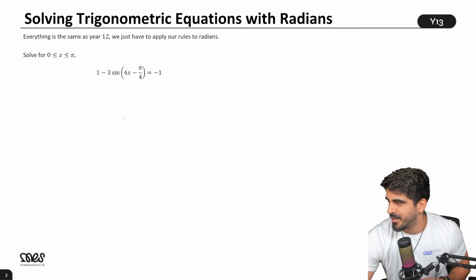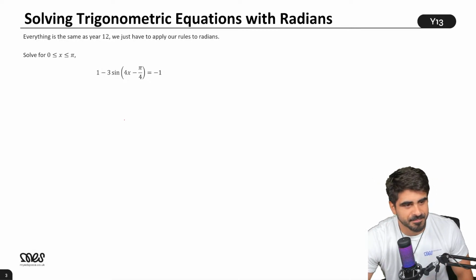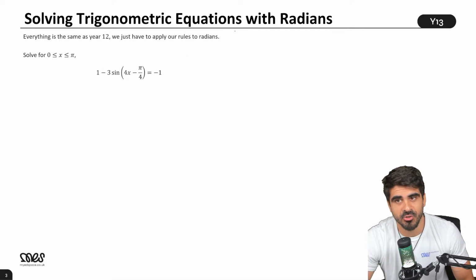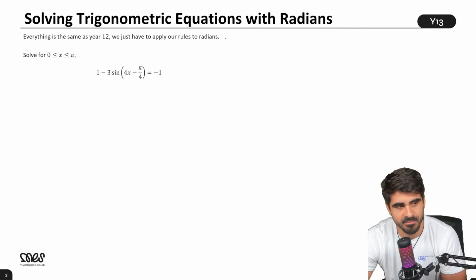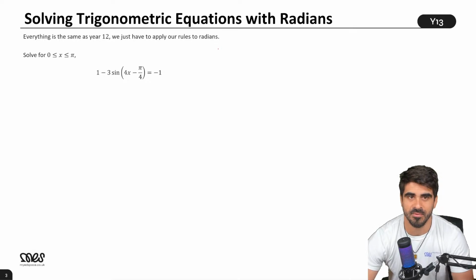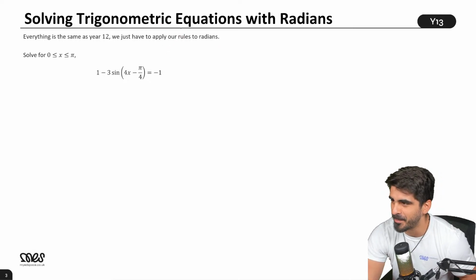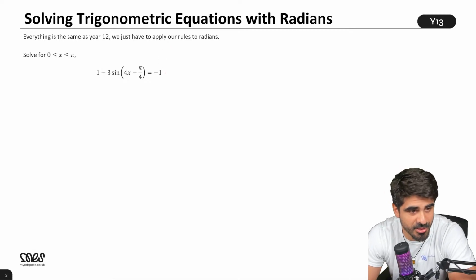So, guys, let me tell you one thing, yeah? Solving trigonometry in year 13 is actually just as easy as year 12. It's not that difficult. You're going to apply the same rules as year 12. There's nothing different.